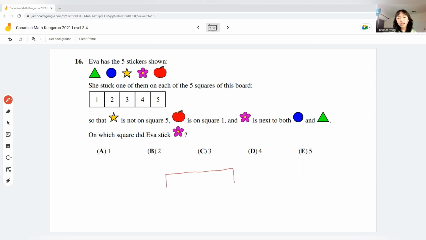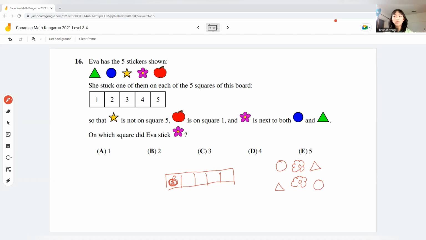So if we draw it out here, we know for sure that the red sticker would go in square one. And the arrangement for the flower, circle, and triangle would be that either the circle is on the left and the triangle is on the right, or the triangle is on the left and the circle is on the right.